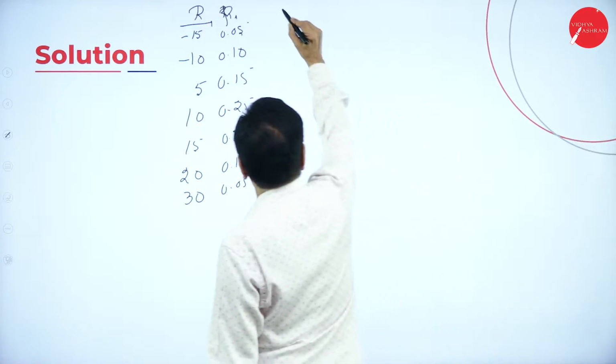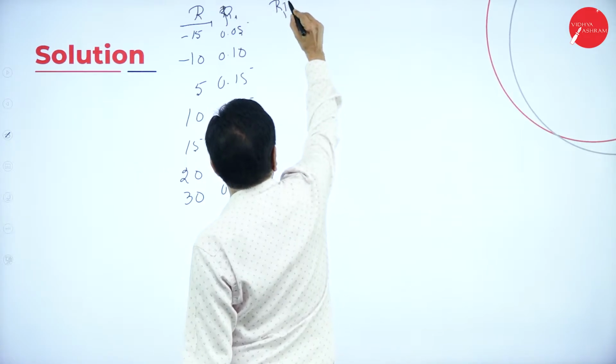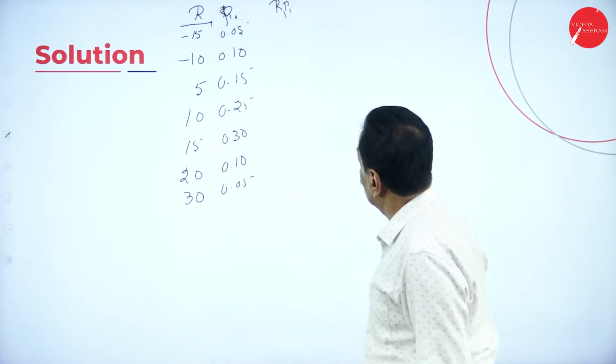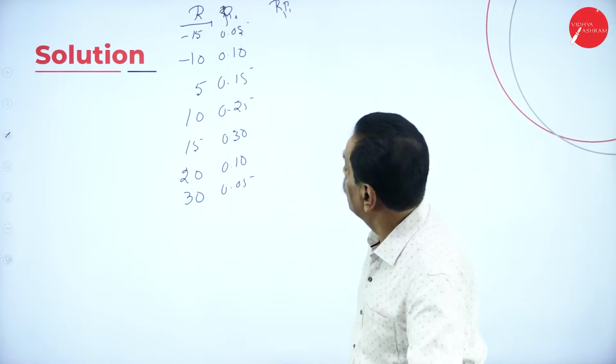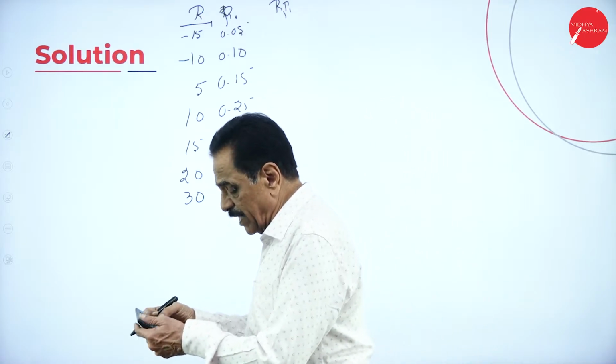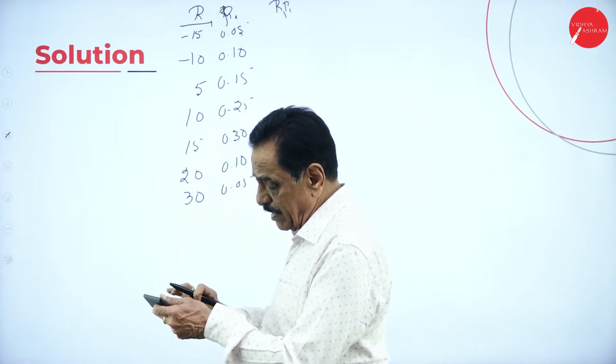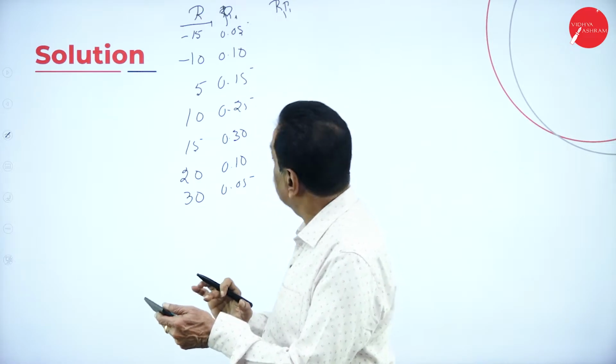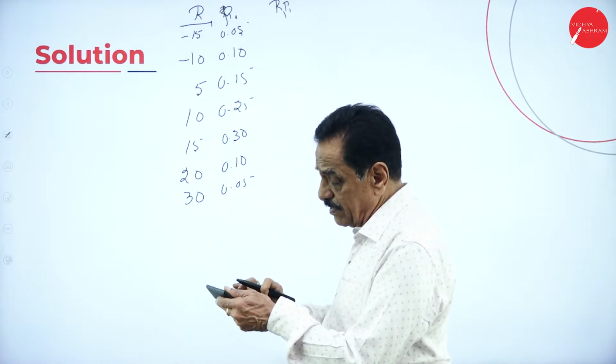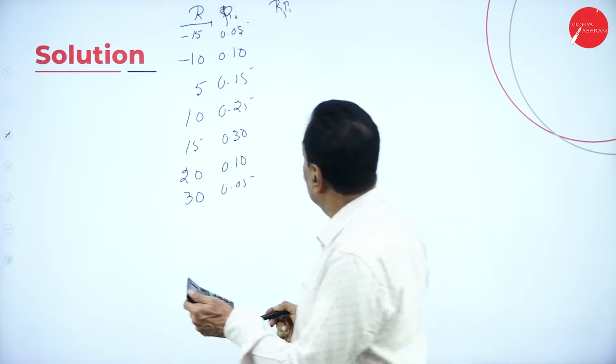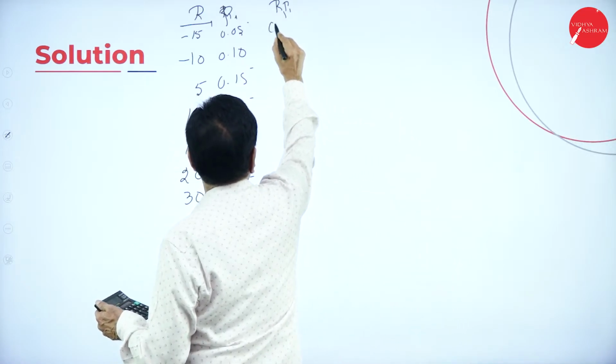So multiply R1, P1. Slowly you multiply. Minus 15 into 0.05, 0.75.